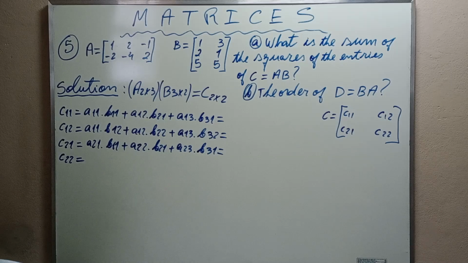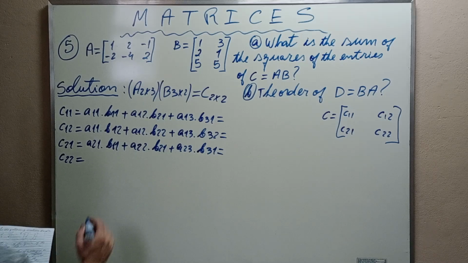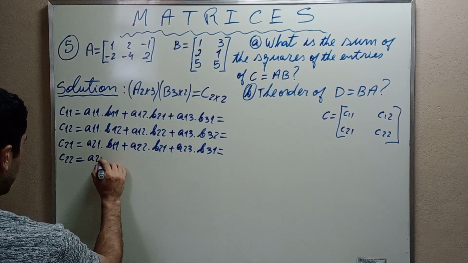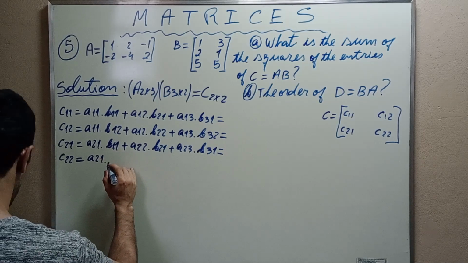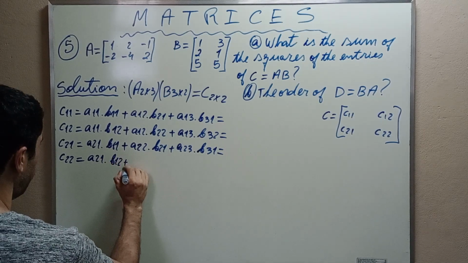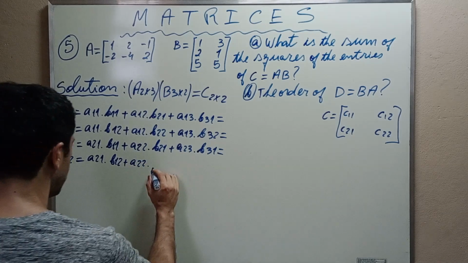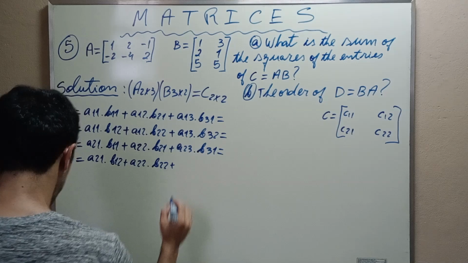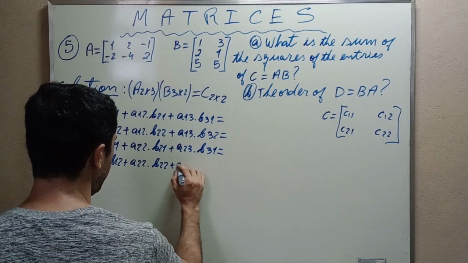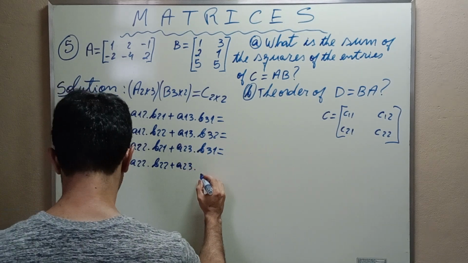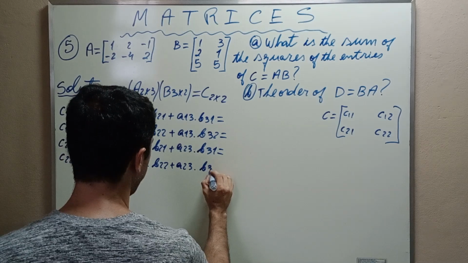In this way, C22 is going to be A21 times B12 plus A22 times B22 plus A23 times B32.